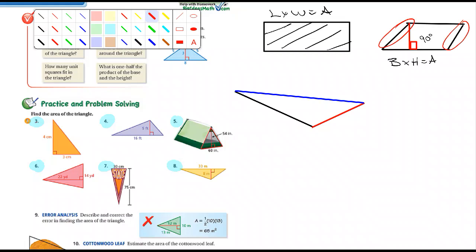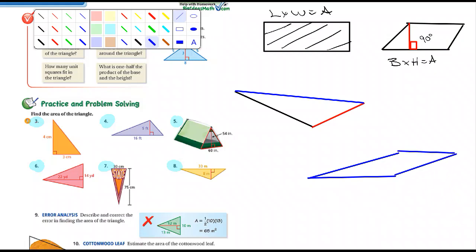So I could draw another one really quick here to show you more exactly what I'm talking about. Let me try to draw one that looks something like this, and then I could go like this, and right about there. I'm guessing it's not very good, but you get the right idea here.